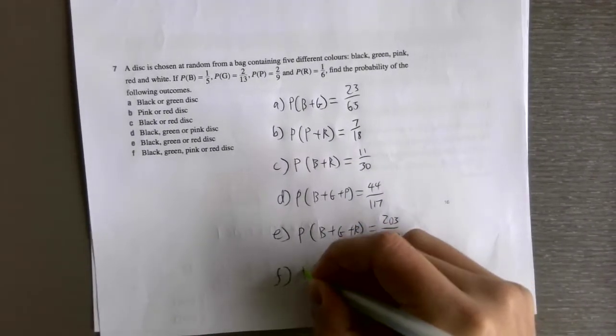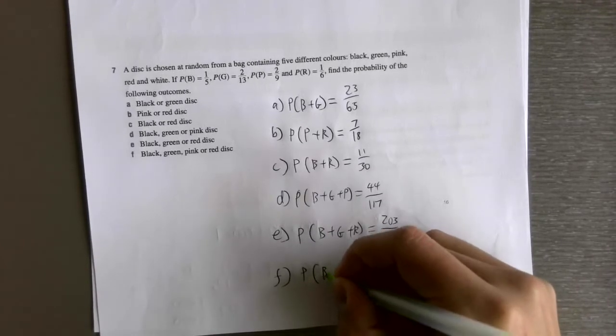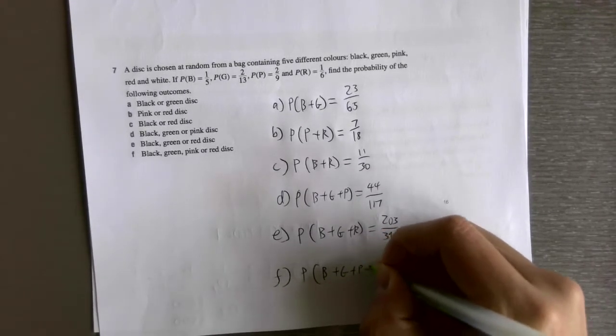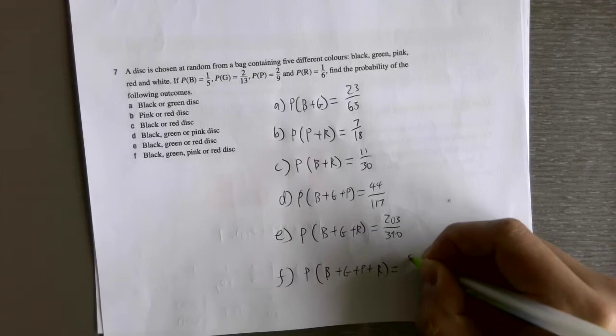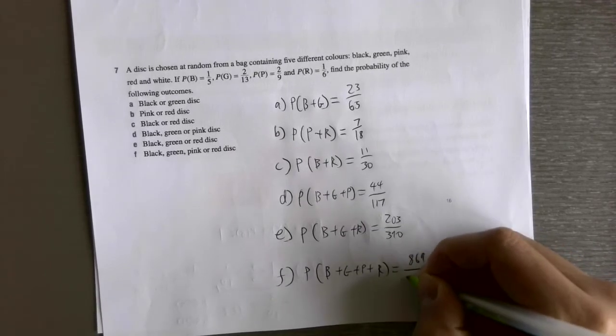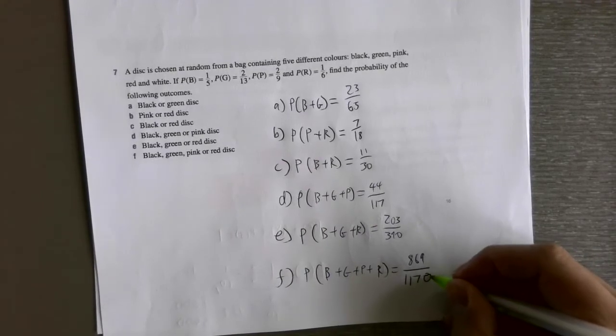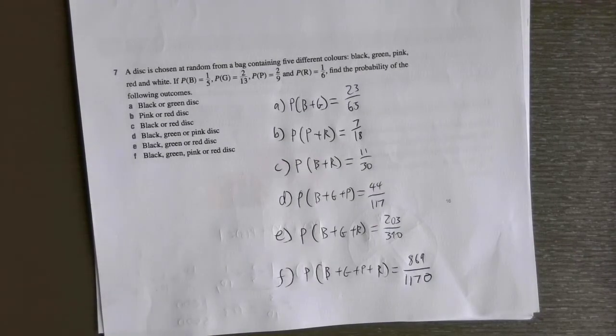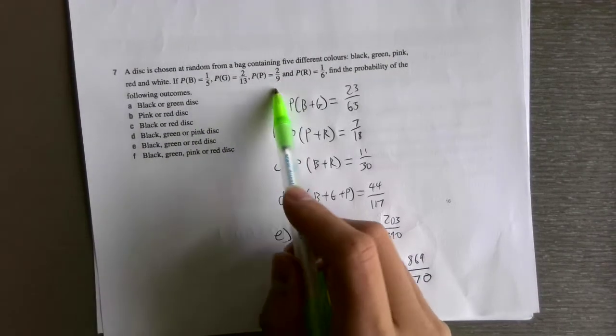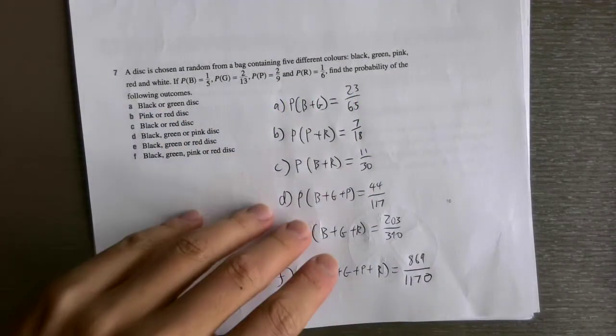And last but not least, the probability of black, green, pink, and red is 869 over 1170. So here are all our answers for question 7. You can just double check them. Basically, you're just adding the right probabilities together.